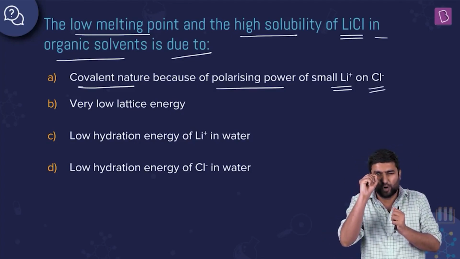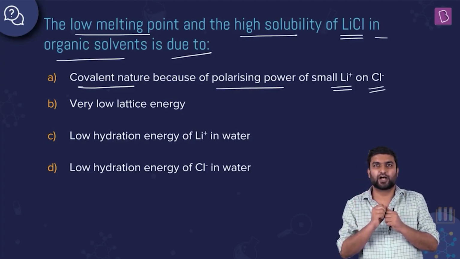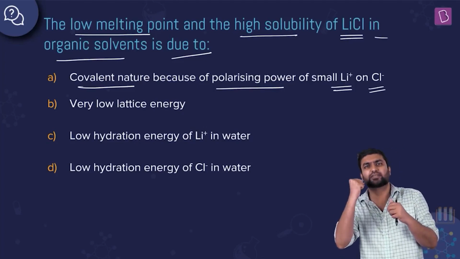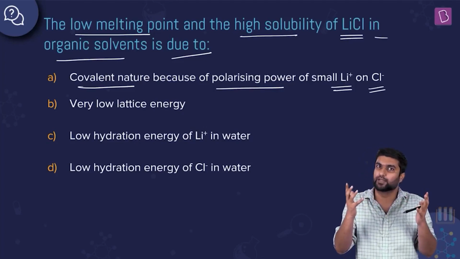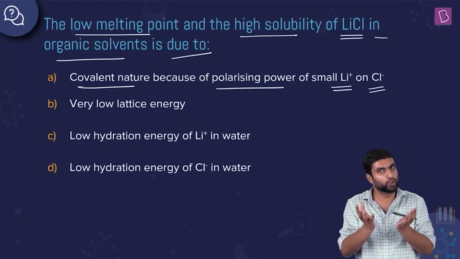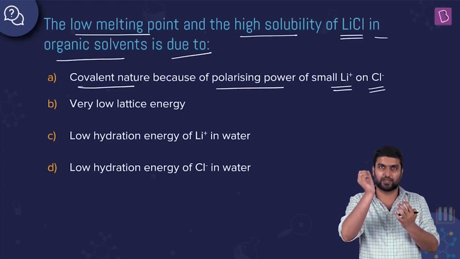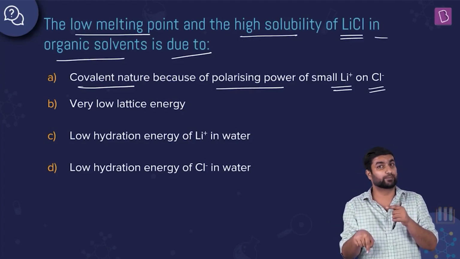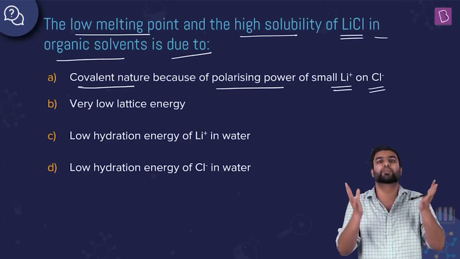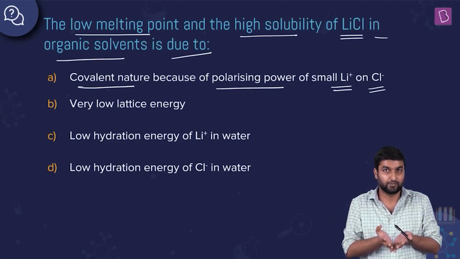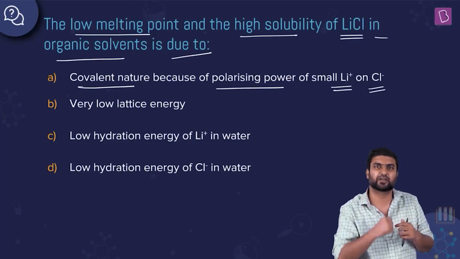It's a very small ion with a +1 charge, so the charge becomes highly concentrated. Unlike something like Cs+, which is huge. The +1 charge is the same on lithium and cesium, but on Cs+ the charge is distributed, while on Li+ the charge is concentrated.